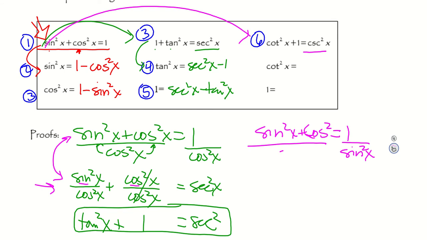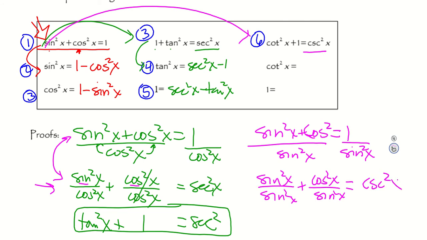We're going to divide both sides by sine squared, split up my fraction on the left, and I get sine squared over sine squared plus cosine squared over sine squared equals 1 over sine squared, which is the cosecant squared.